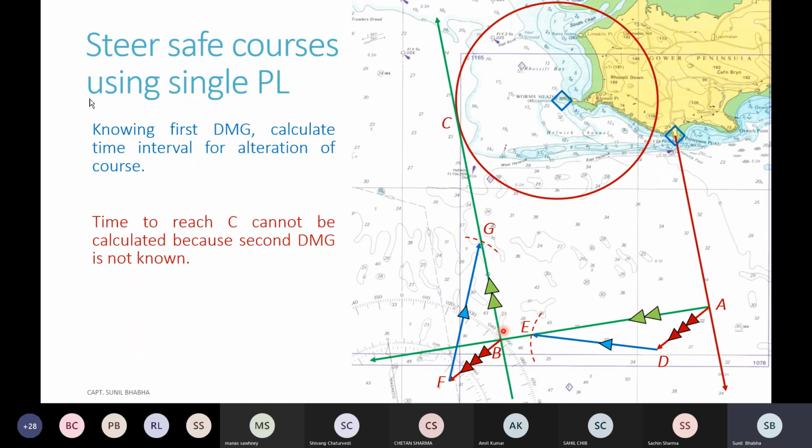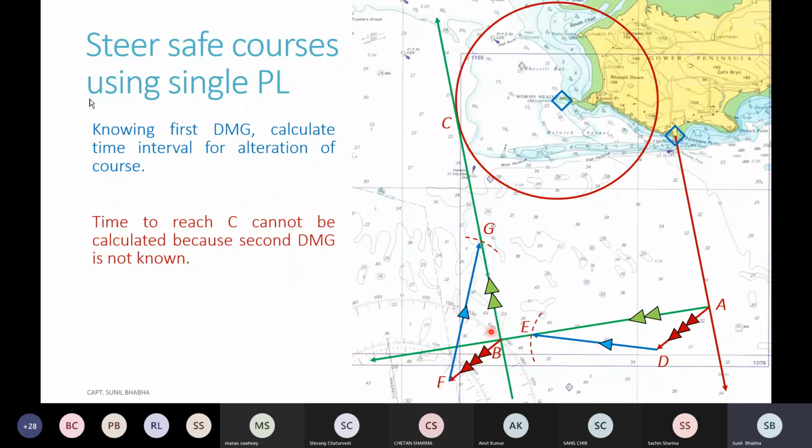Now, time to reach point C cannot be determined, cannot be calculated. Why can't we do it? Because Bravo Charlie does not represent the distance made good on the second leg.